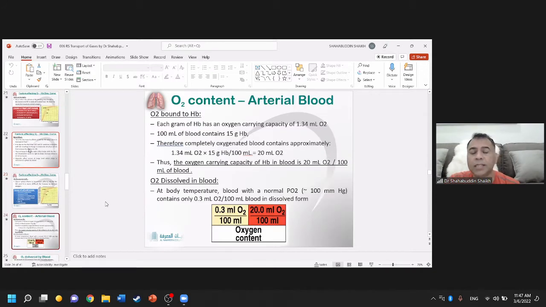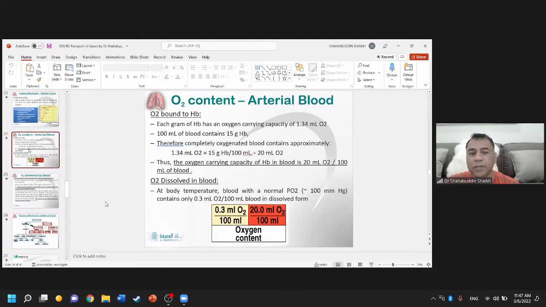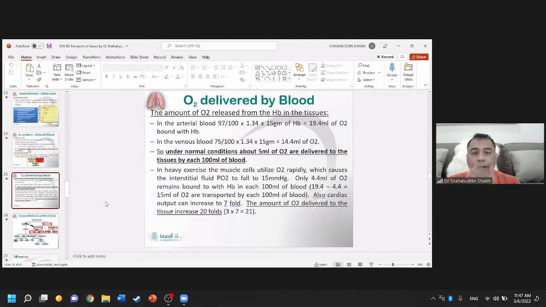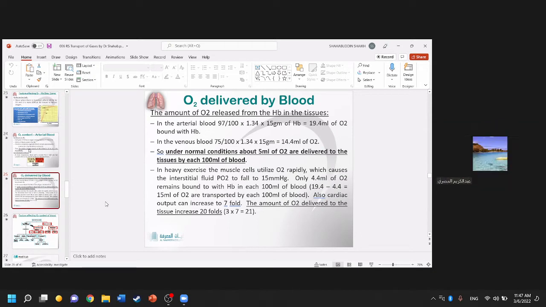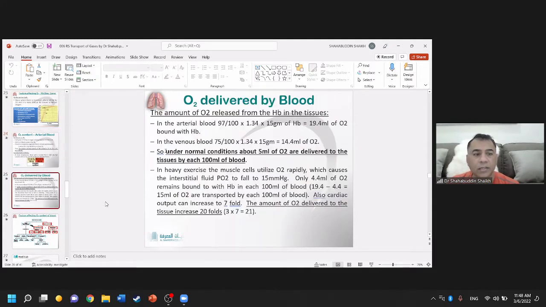What is the normal oxygen carrying capacity of blood? 20 ml per 100 ml of blood. Very good. Under normal condition, how much oxygen is delivered to the tissue by 100 ml of blood? 5 ml.